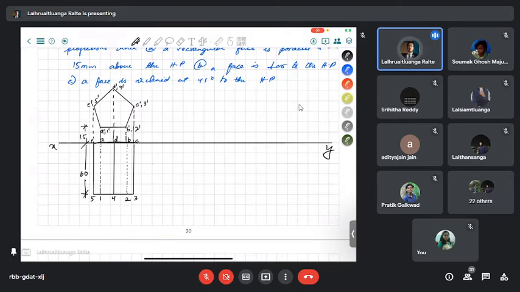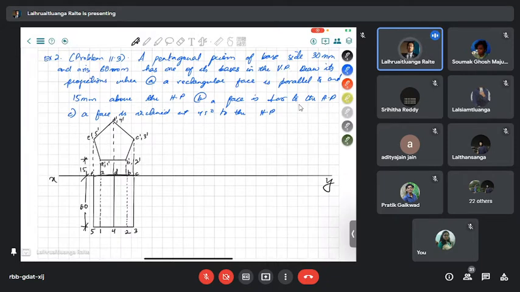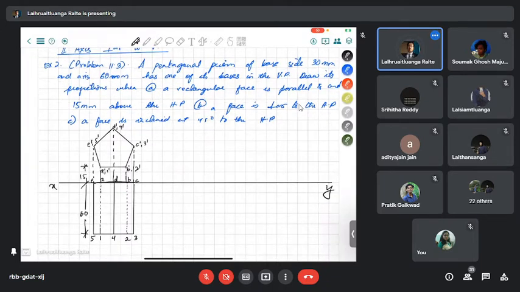Okay, so what is our second condition? Our second condition is that a face is perpendicular to the HP. In our first condition, our face is parallel to the HP, right? Now in our second condition, our face is going to be perpendicular to the HP.